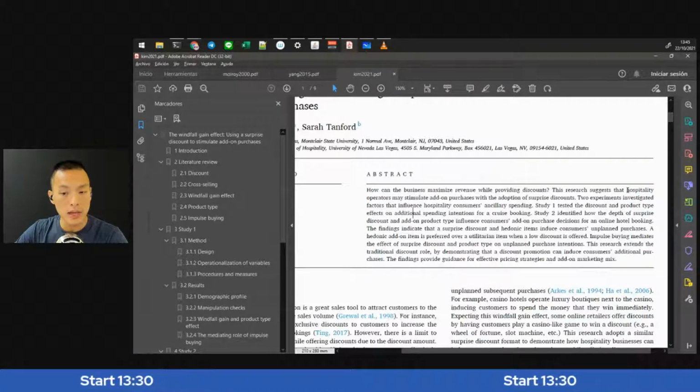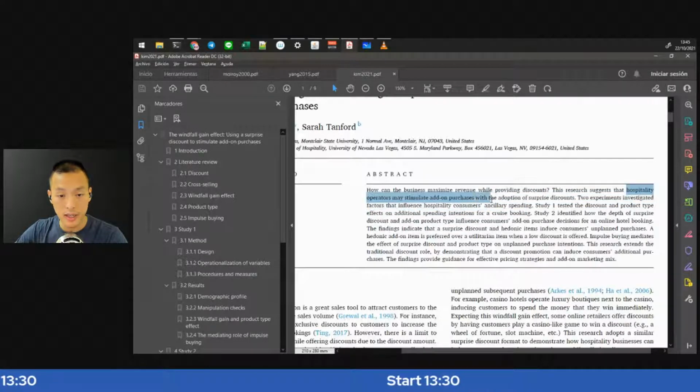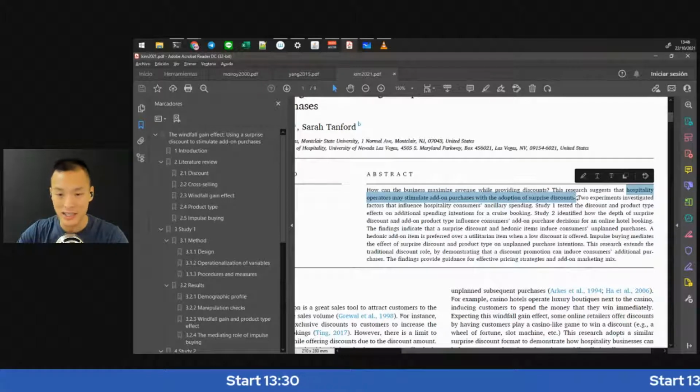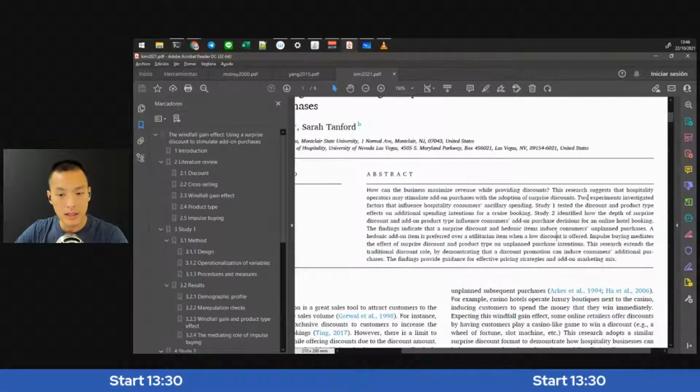So how the hospitality operators can make people buy more stuff using surprise discounts, right? Not just any kind of discounts, just the surprise kind. And they told you about the way they investigated different factors, they tested the discount, and they identified how big of a discount it has to be, and the product type effects on the discount, right?